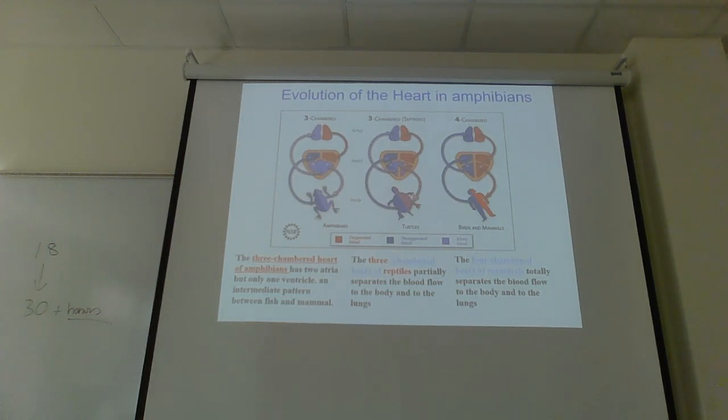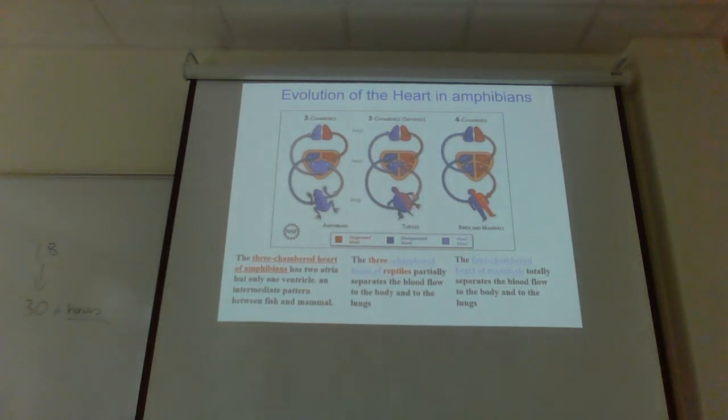It becomes purple. What it tells you is that this is the beginning of a more efficient heart that wants to separate the pulmonary circulation, the circulation of blood that goes to the lungs, from the systemic circulation that goes to all the rest of the body. But it's not very efficient because of the incomplete separation.